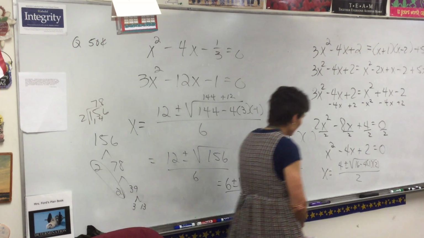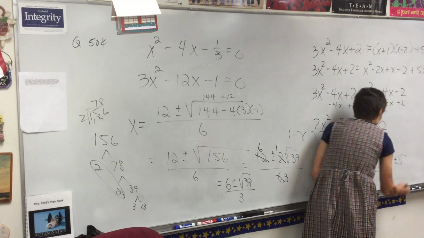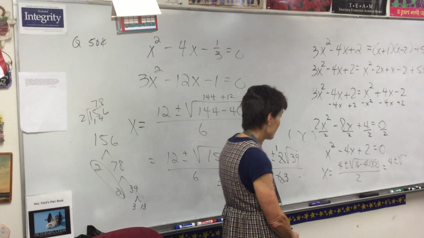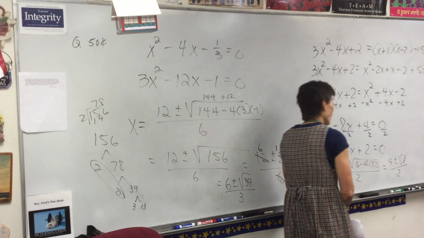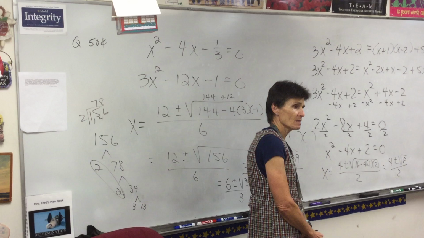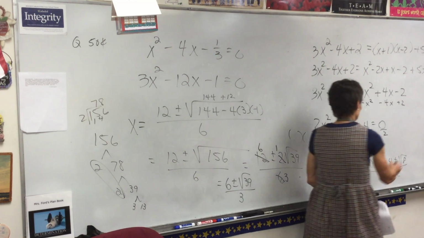Those are little numbers, so that's not too bad. That's going to be the square root of 8. And you probably know the square root of 8. You've broken that one down so many times. Square root of 8 is 2 root 2.